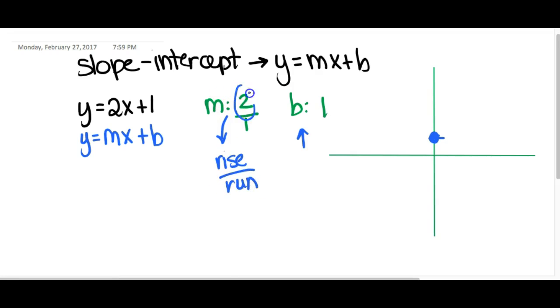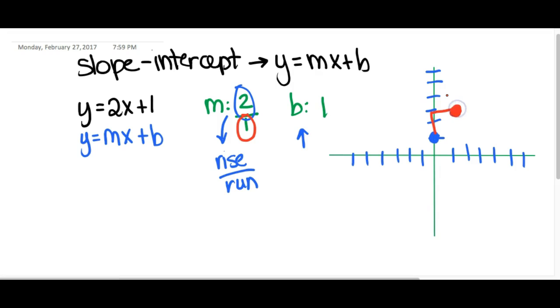So now I want to look at this 2. Is it a positive 2 or a negative 2? It's a positive 2, which means that from the point that I'm currently at, I am going to go up 2. If it is negative, you're going down. So I'm going to go up 2, and then I need to go right 1 because this is a positive 1. And then I'm going to put a dot here.